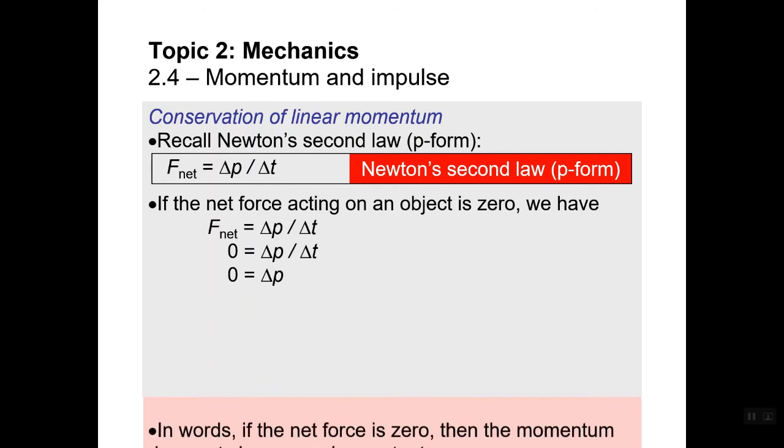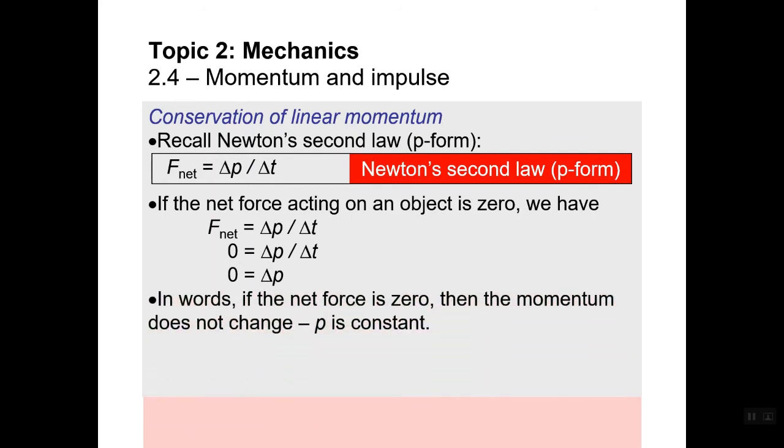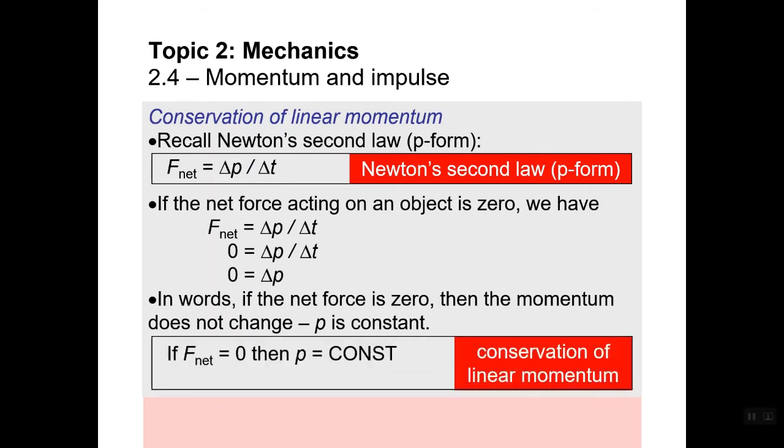In words, if the net force is 0, then the momentum does not change. P is constant. So we have conservation of linear momentum. If the net external force equals 0, then the momentum is constant.